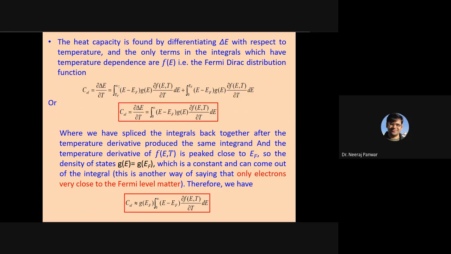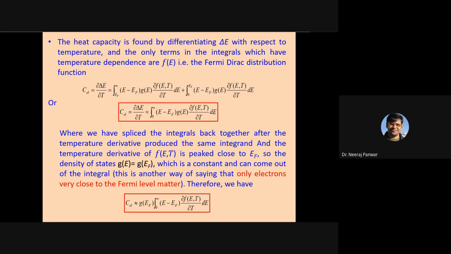We can mix the limits, so the total expression becomes integral 0 to infinity (E minus EF) g of E del f of E and T divided by del T dE. That is the expression for electronic specific heat that we have calculated.